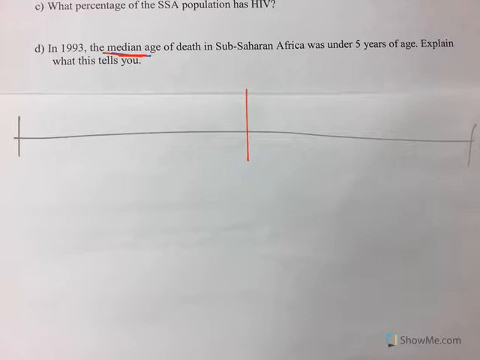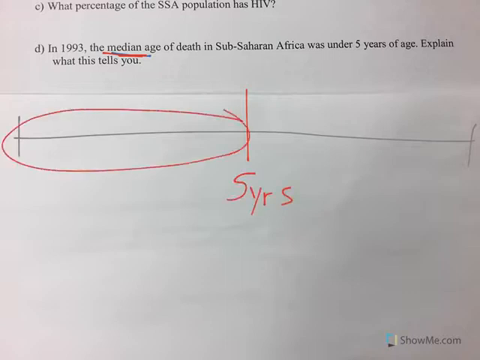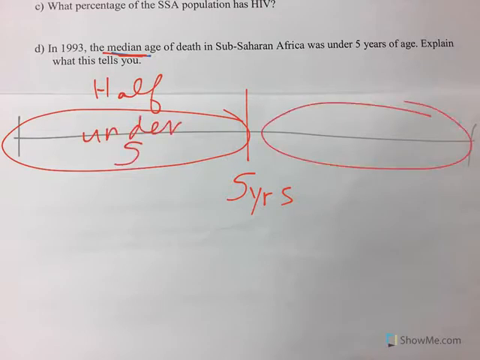So we're saying these are all the people that died, in terms of the age of people that died. The median, the number in the middle, is 5 years old. So that means half of the people that died were under 5. And the other half were greater than 5.